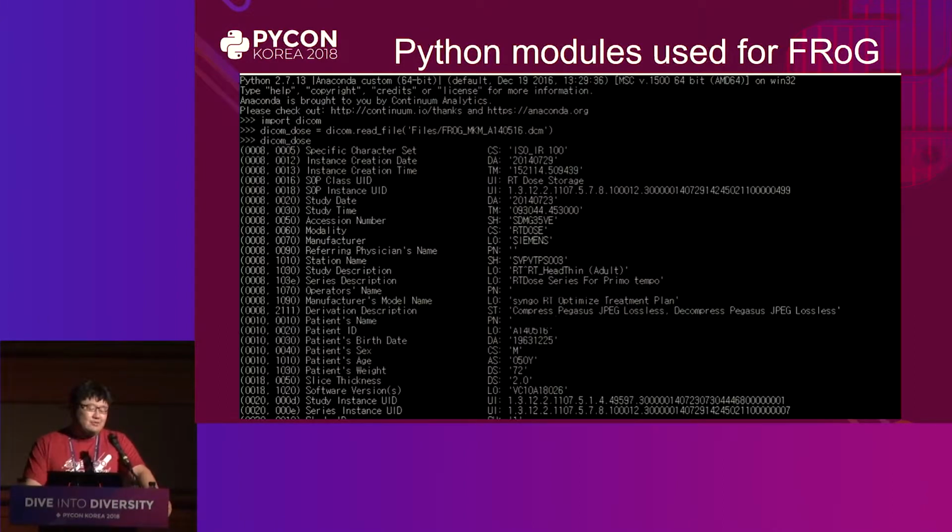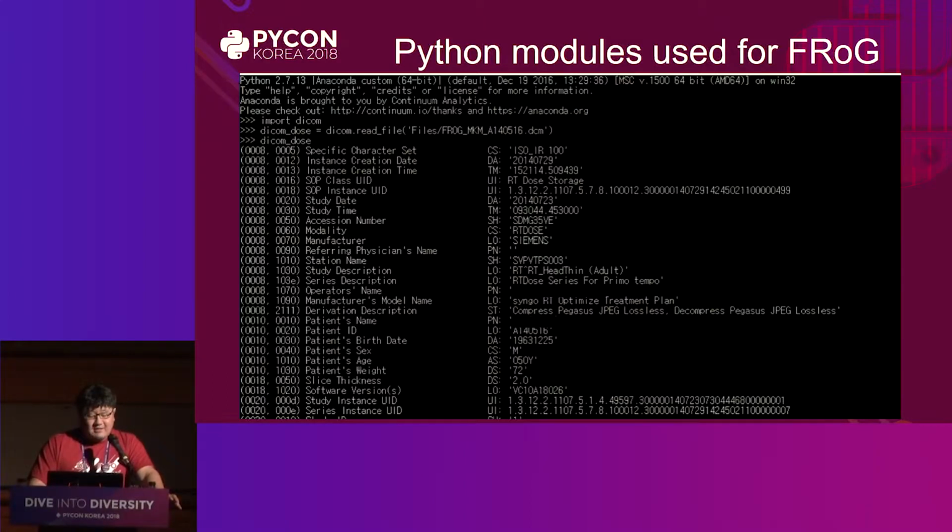So I import DICOM here, PyDICOM, and then I read the file. This is a DICOM file that has only one slice with the 3D matrix. So this is only a part of the DICOM format. However, we can understand how it is constructed. When we load it into memory, we have a specific character set as part of our information.